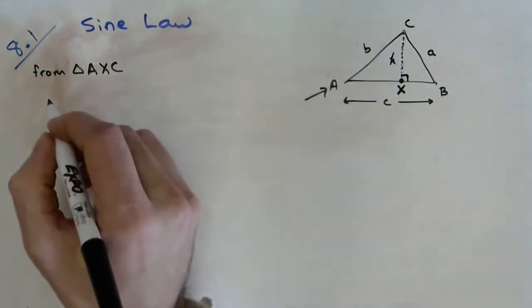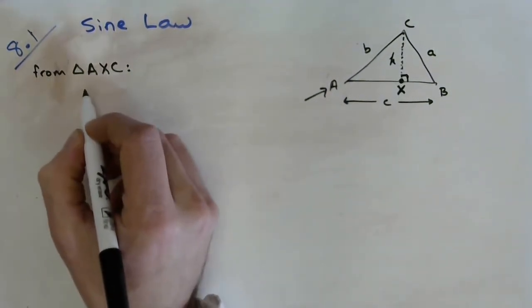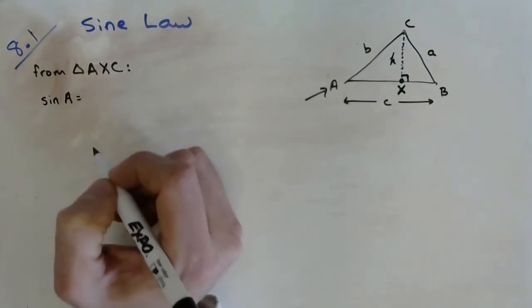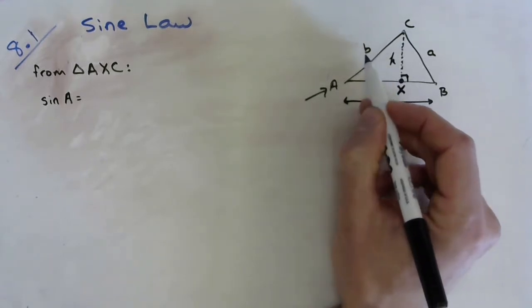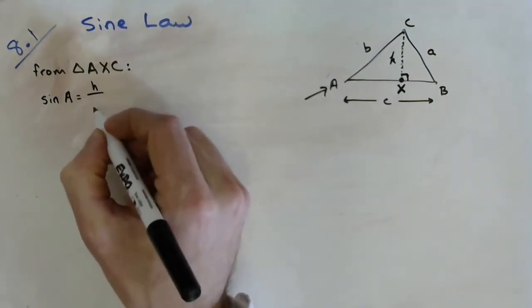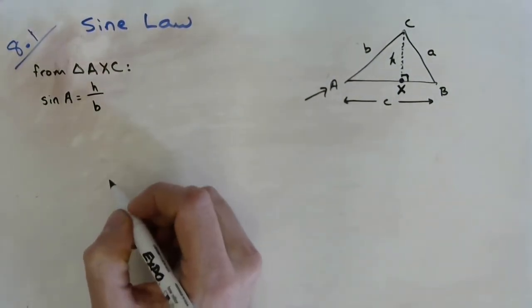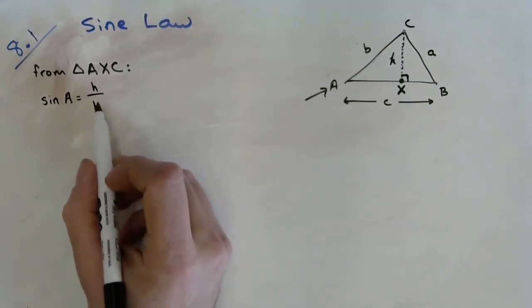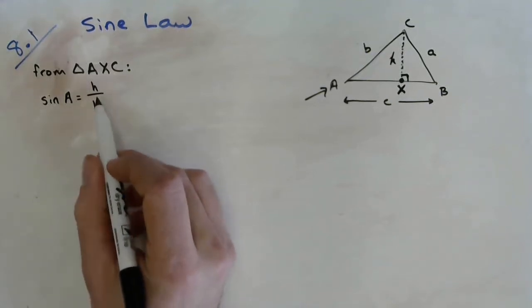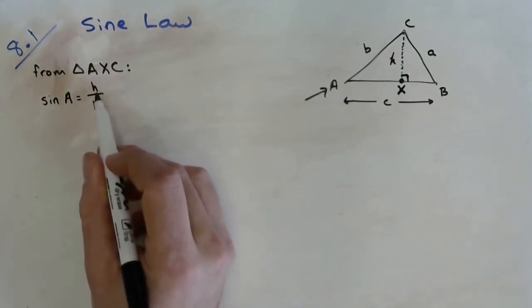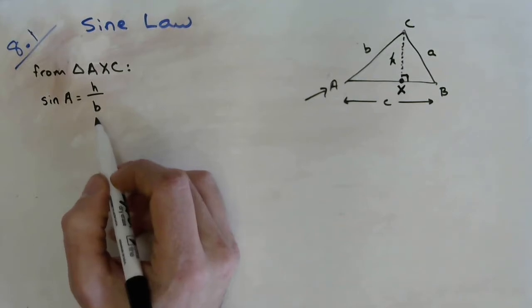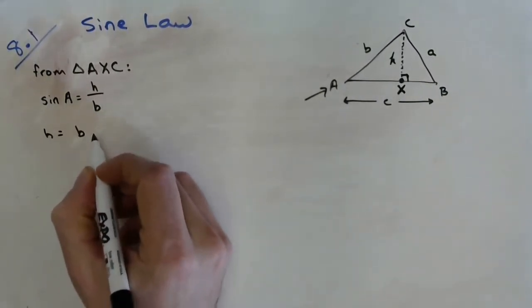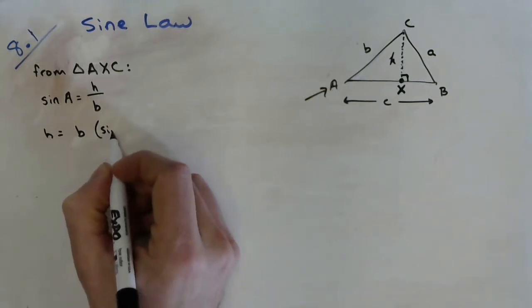So the sine of A is equal to opposite over hypotenuse, which is h over b. How do I rearrange this equation to get an expression for h? I want to isolate h, so I'm going to multiply both sides by b. That gives me h equals b times the sine of A.